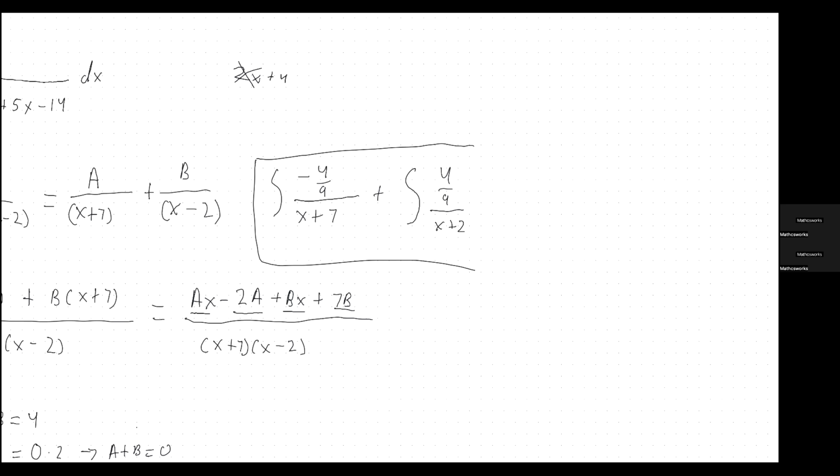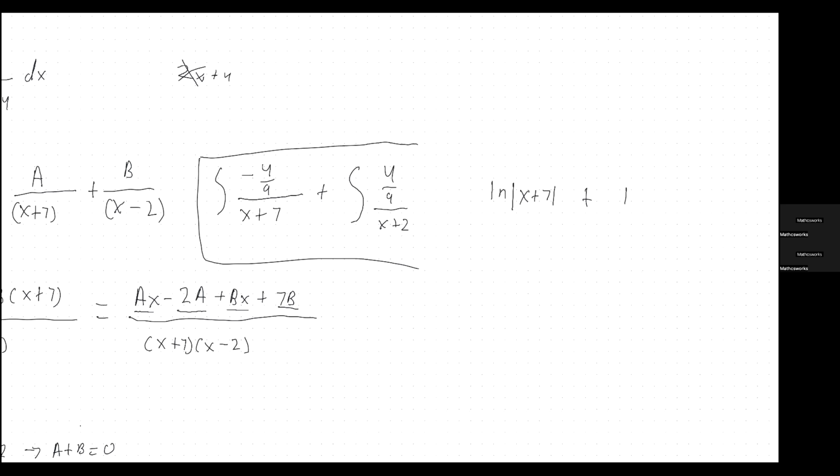So let's write that down. So ln, and we have to put an absolute value sign. So don't forget that. x plus 7 plus the ln of x minus 2.